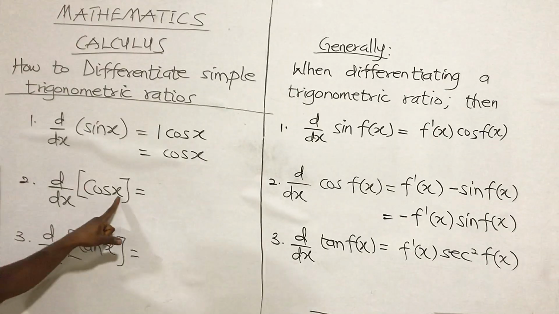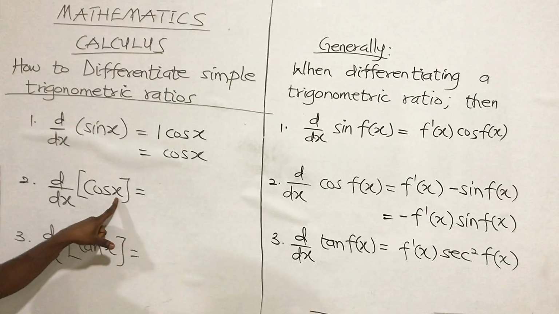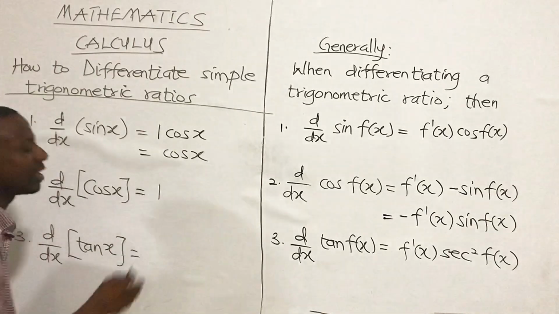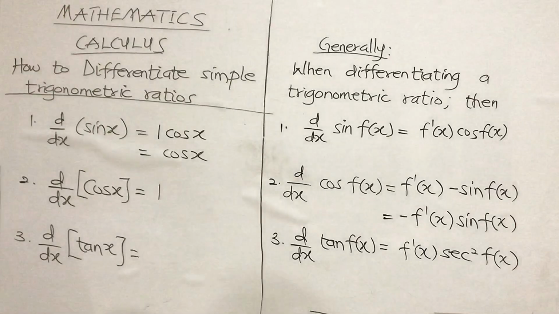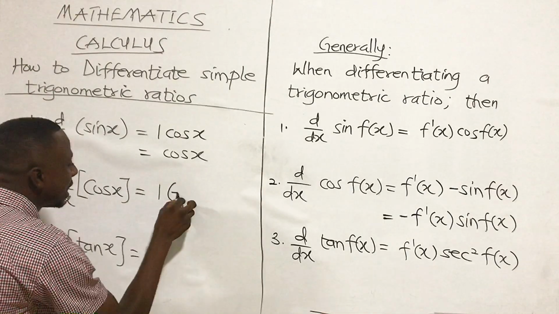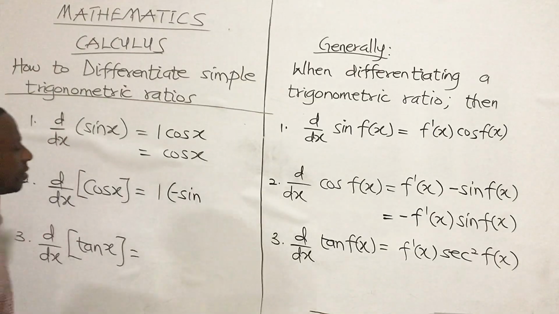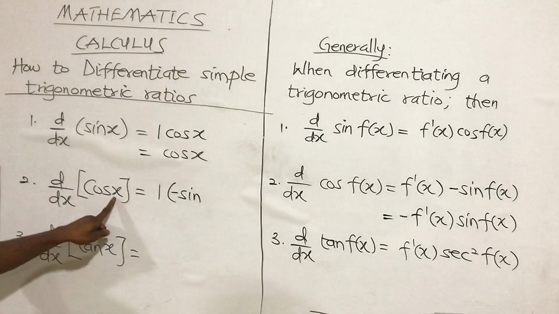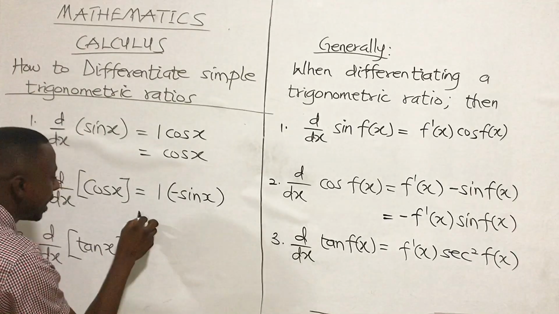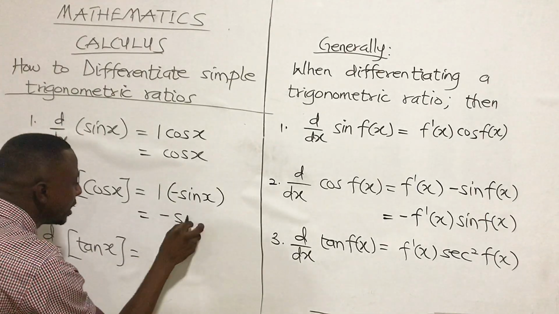When I differentiate x, I am getting a 1. But when I differentiate the cos itself, I am getting negative sine, multiplying the function, so multiplying x.